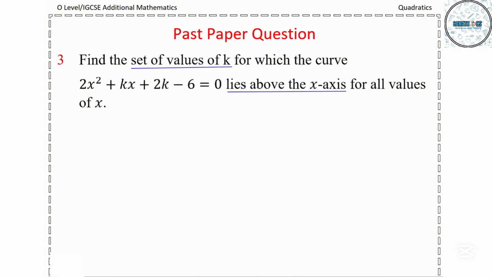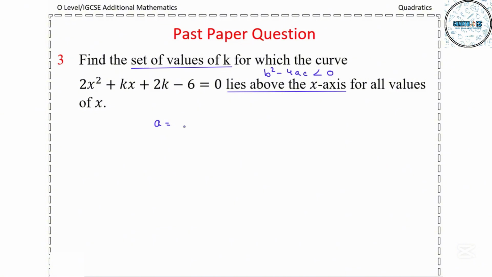Whenever the curve lies above the x-axis, then b squared minus 4ac is less than 0. So in this case, we will use b squared minus 4ac is less than 0. First of all, we will take out the values of a, b, and c from the given quadratic equation.